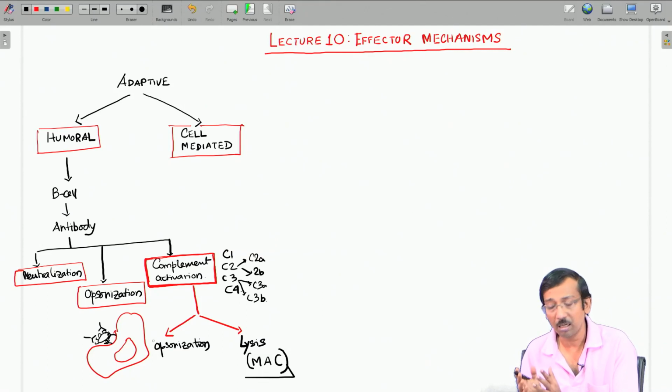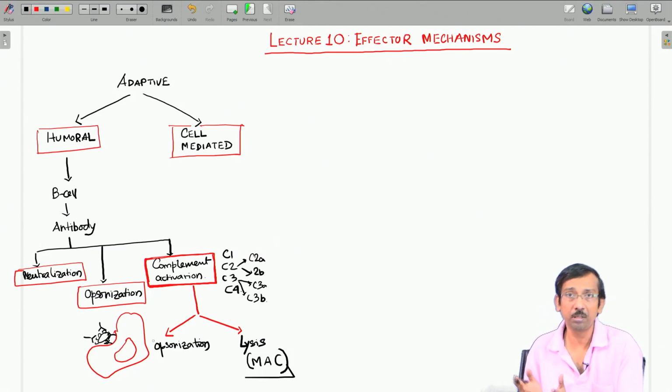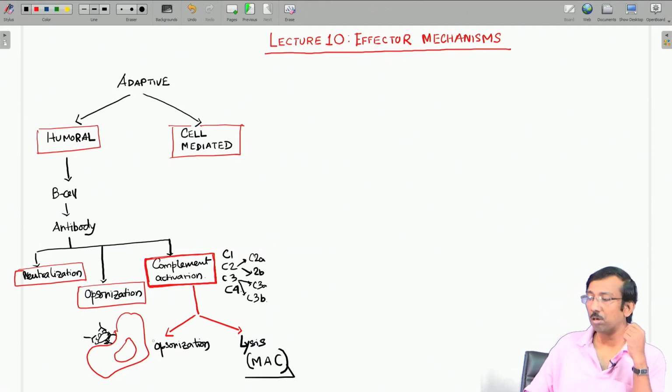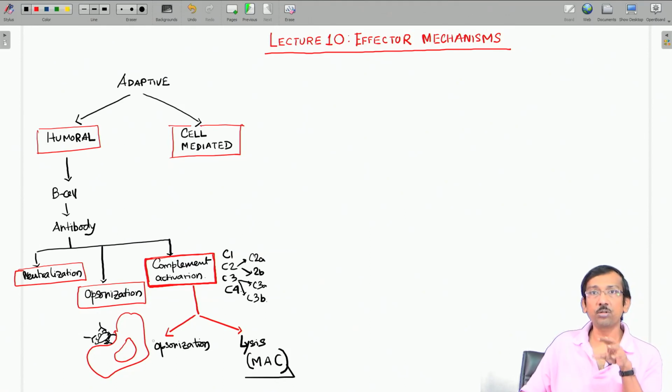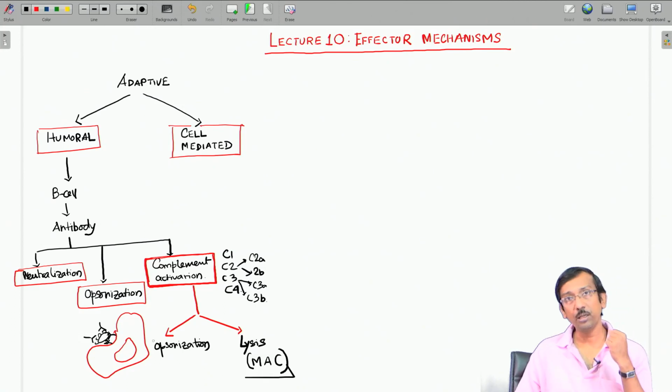It can be a result of recognition of various oligosaccharides, for example mannose present on the surface of the pathogen being recognized by some other complement proteins, and that can also lead to complement activation, which is the antibody independent pathway.